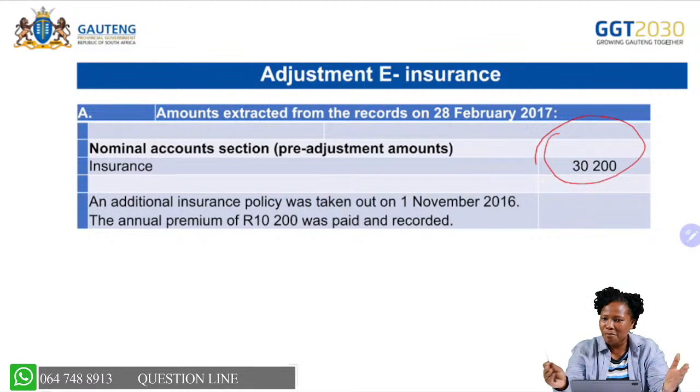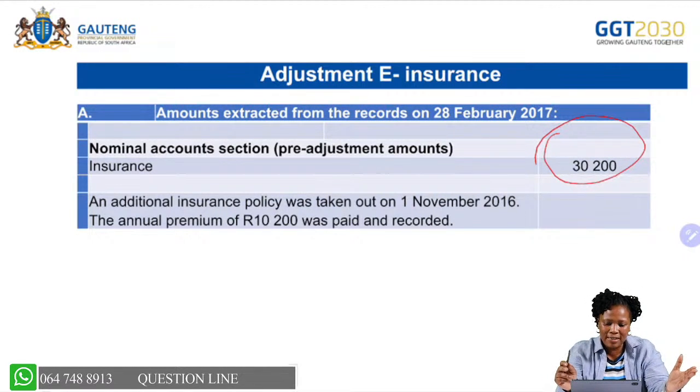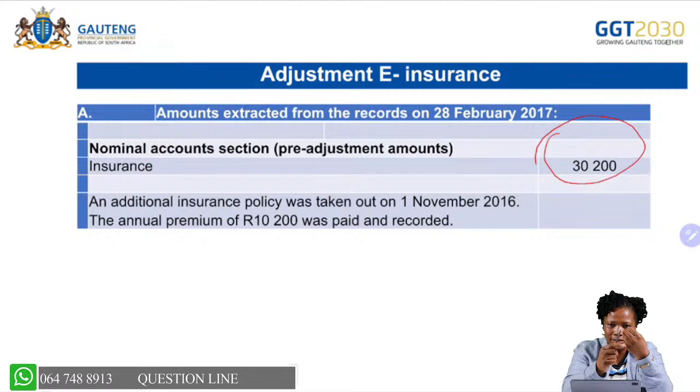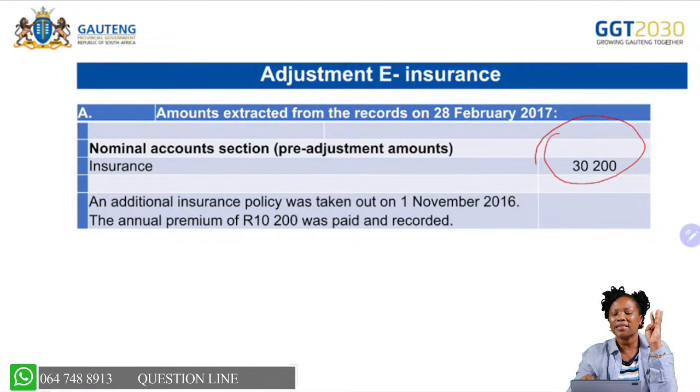All right, we are now going to say November, December, January, February. So we only need to include in our income statement only the insurance for 4 months. Remember that there is another insurance that we have paid for in our books as a business. But if you add everything, it gives you 30,200 rands.